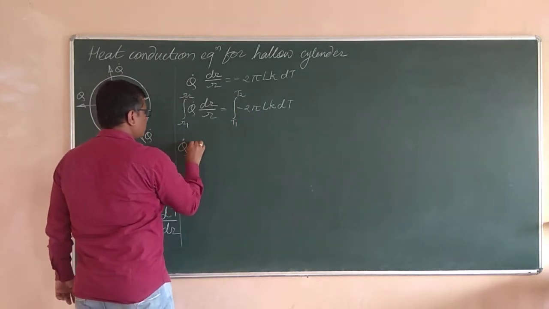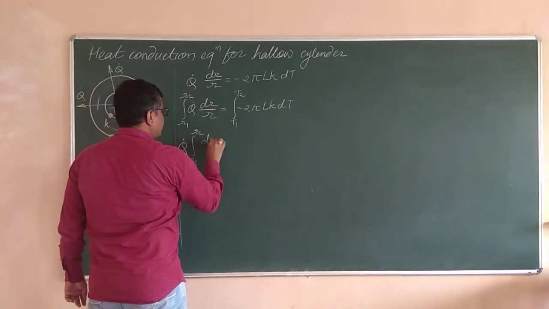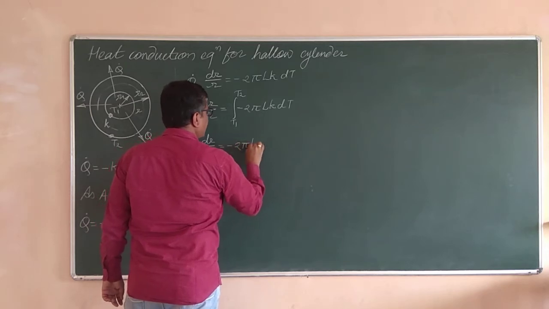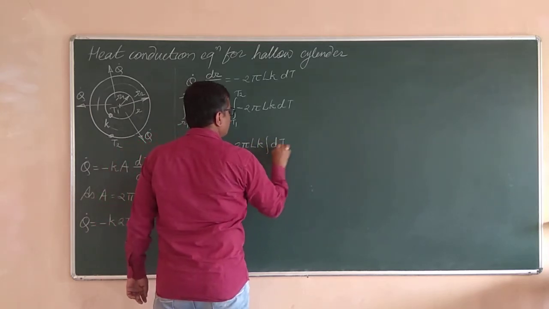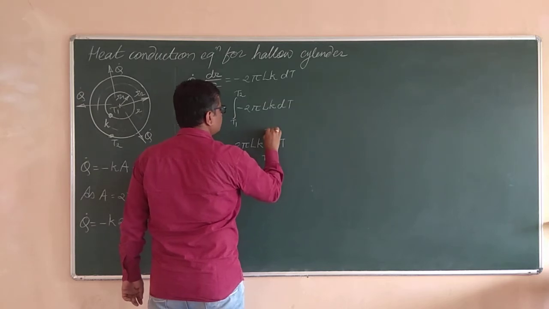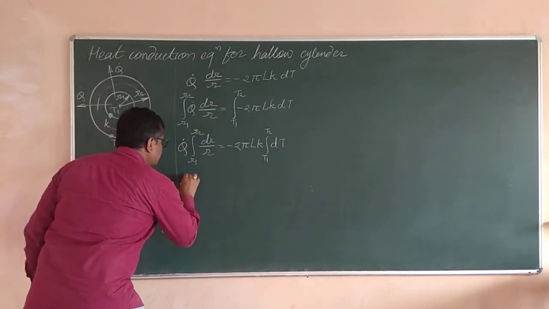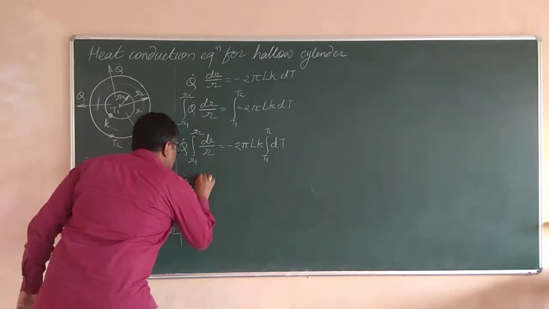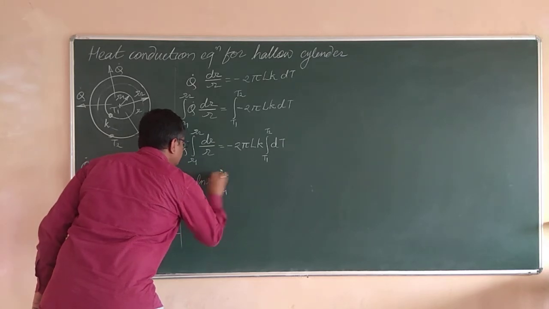Now how can I integrate it? Q dot being constant, the integral from r1 to r2 of dr divided by r is equal to minus 2 pi L K times the integral of dT within the limits T1 to T2. I can take Q dot as it is, and the integral of dr by r is the natural log of r, within the limits r1 to r2.